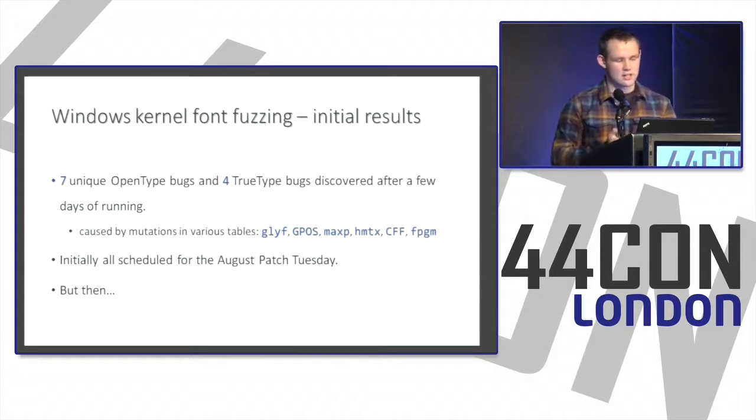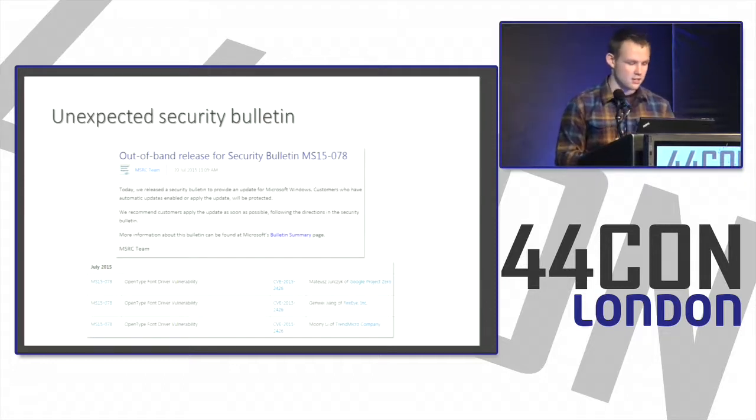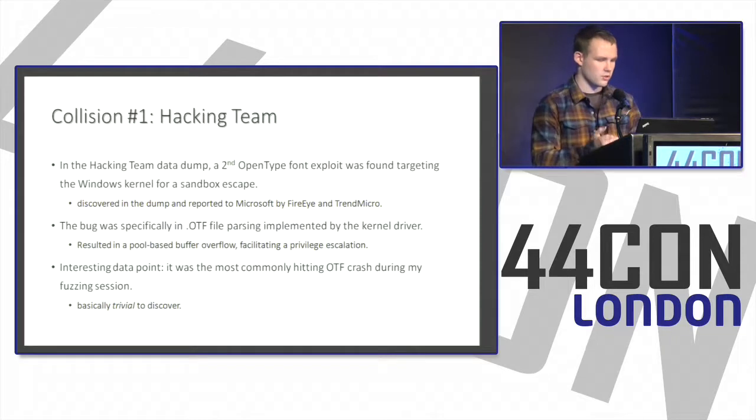Initially they were all scheduled for the August Patch Tuesday because they were found in May. But then on 20 July this year, I saw that there was an out-of-band security bulletin released by Microsoft, which credited myself and also two other people. It turned out that it was a collision with Hacking Team.